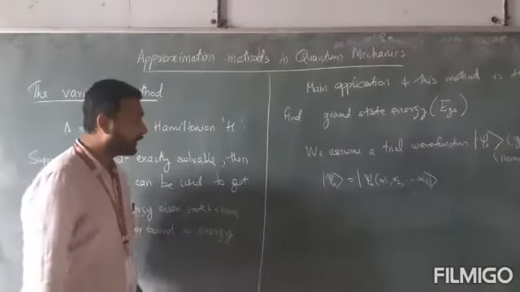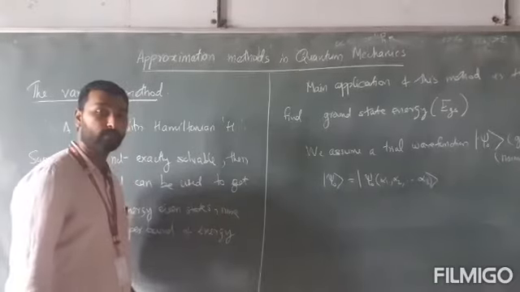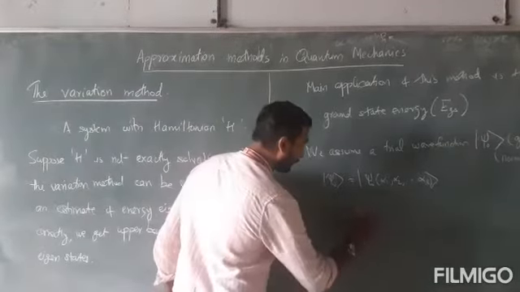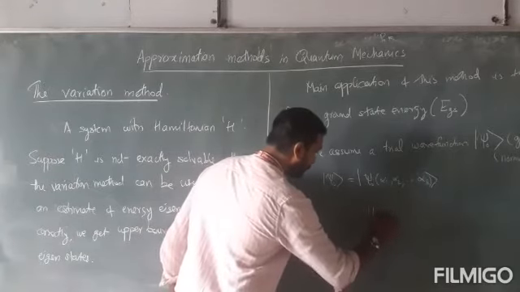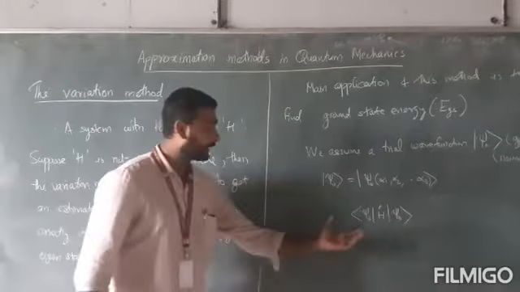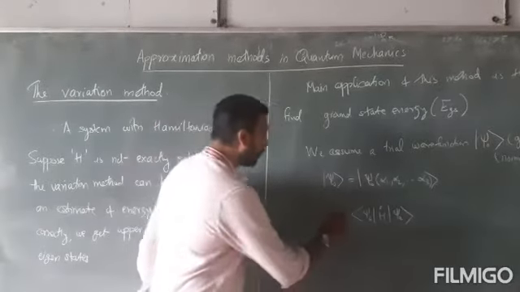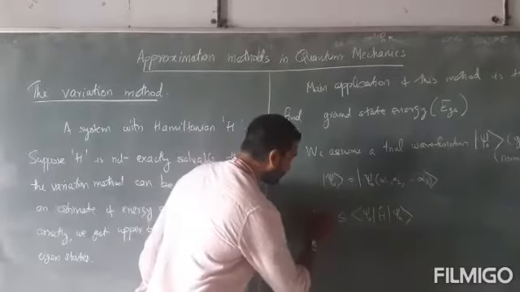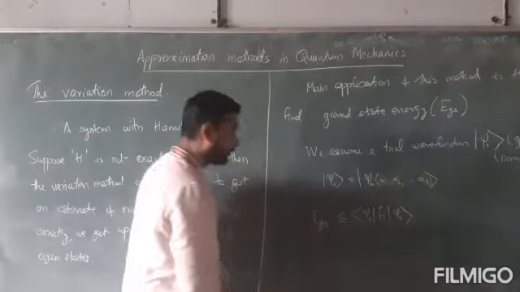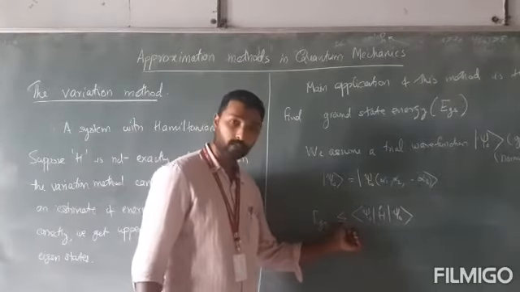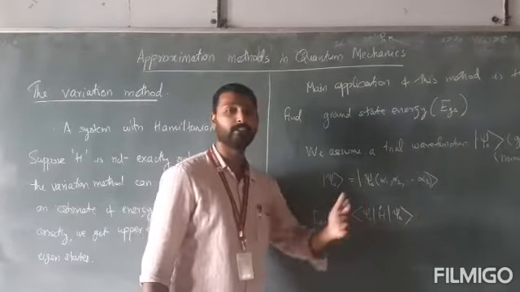Then what about its expectation value of the Hamiltonian? The expectation value of the Hamiltonian I can write as <psi 0|H|psi 0>. Now this expectation value would always be greater than or equal to the ground state energy. So the ground state energy would always be less than or equal to <psi 0|H|psi 0>.